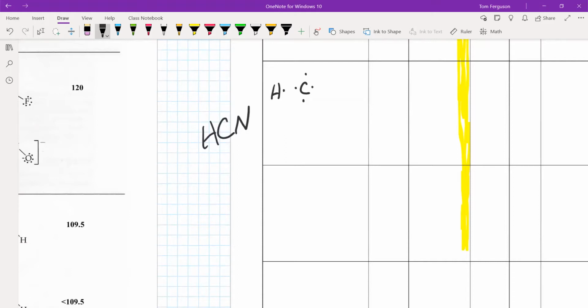Here's our hydrogen. There is our nitrogen. Connect everything together with one bond. And then we're going to hook up now our singleton electrons. And there are 2 groups. Okay, so how many groups of electrons are there?